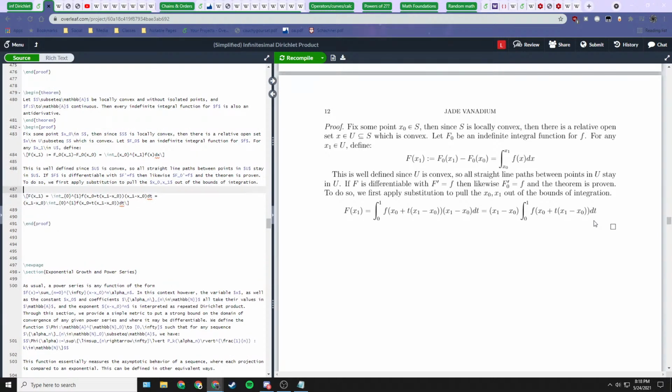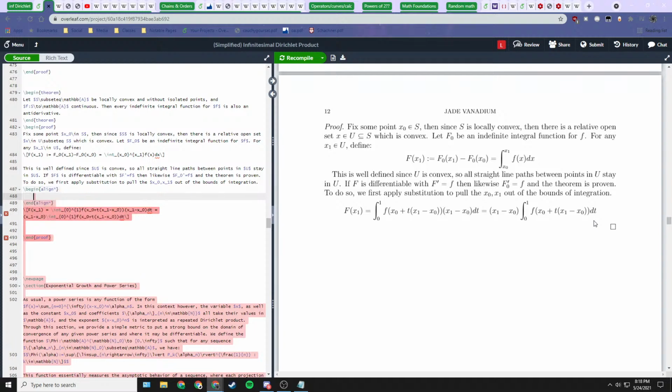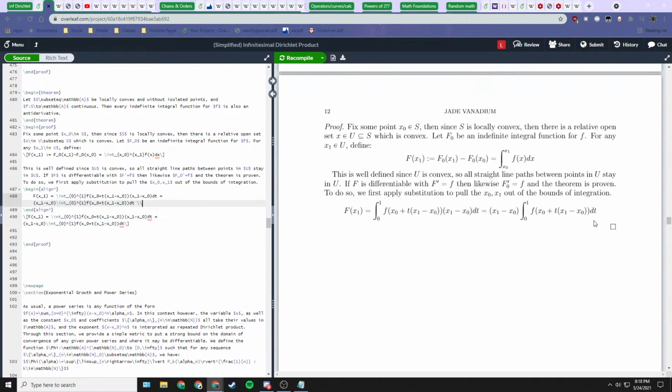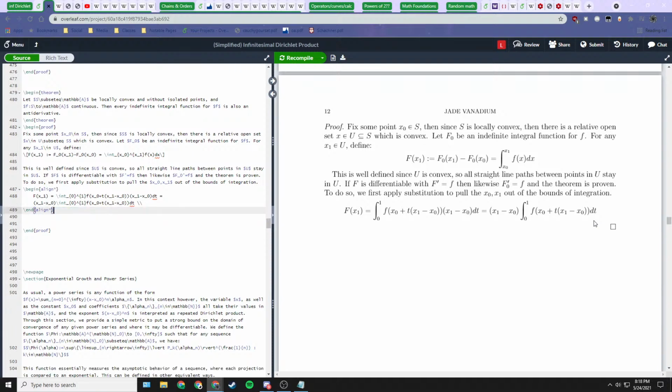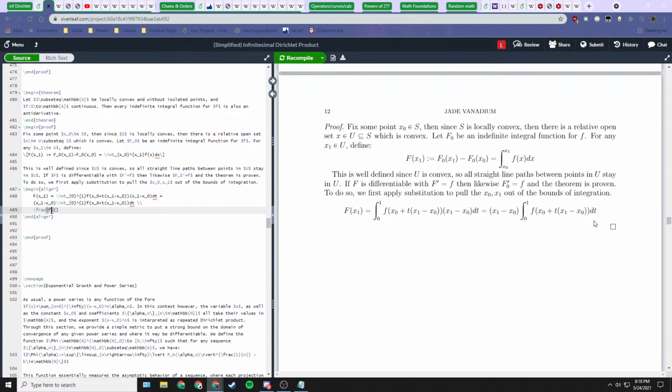This then gives us, put this in there, and then we'll be saying F(x1) minus F(x0) over x1 minus x0 is just this integral.